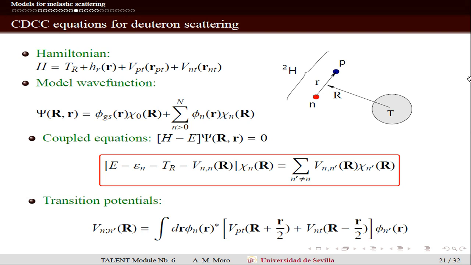But this is not very convenient if we want then to write this in the form of coupled equations. Once we have discretized our continuum, we have represented this by a finite number of excited states, this phi n, then we can apply the same kind of procedures. And we will have a set of coupled equations with these transition potentials.